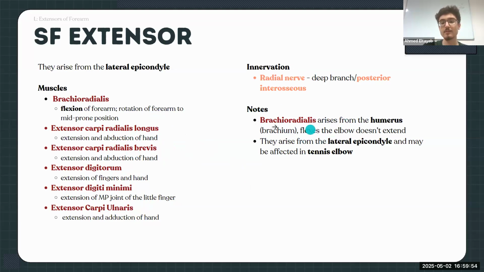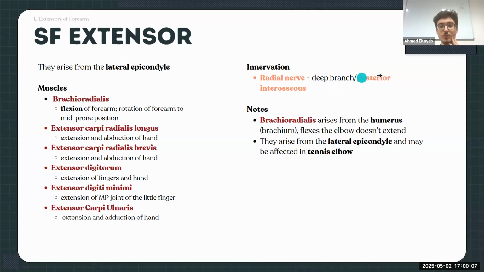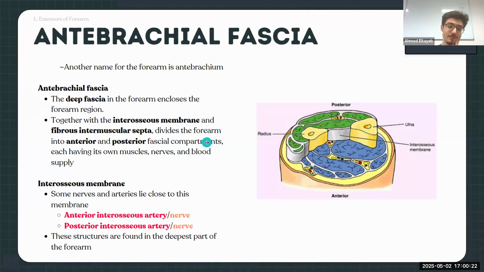And as we mentioned again, brachioradialis arises from the humerus. It's not coming from the lateral epicondyle, and it flexes the elbow, it doesn't extend. But all of these muscles are innervated by the radial nerve, specifically the deep branch, or you can call it the posterior interosseous. You see why I told you the naming over here can be confusing, because the anterior interosseous nerve comes from the median nerve.